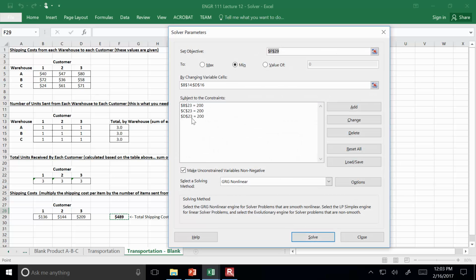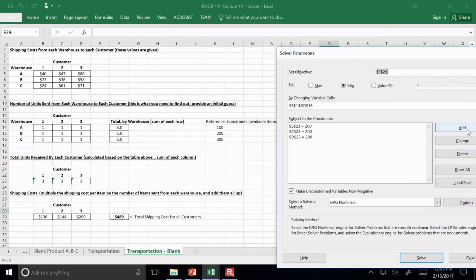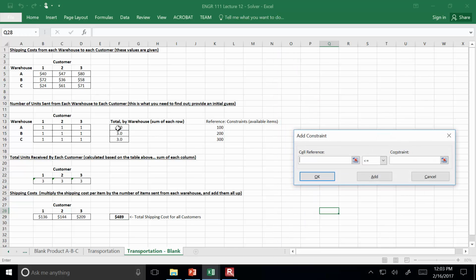Okay, so I've got that constraint down already. Now I need to add the limits of how much each warehouse can send out. And those limits are 100, 200, and 300. So add this total has to be equal to 100.